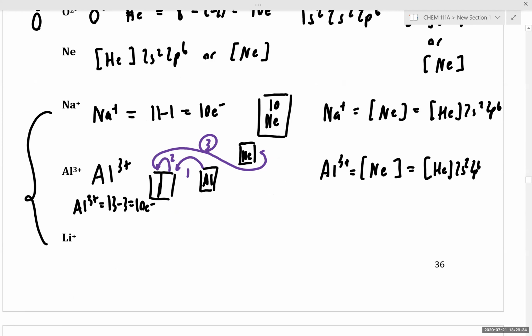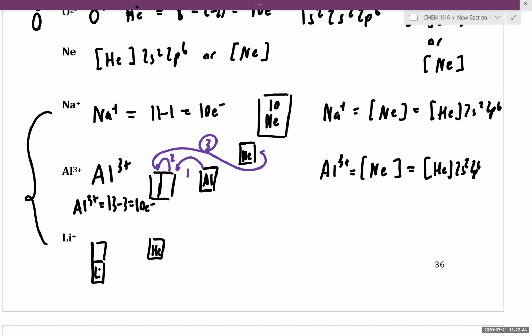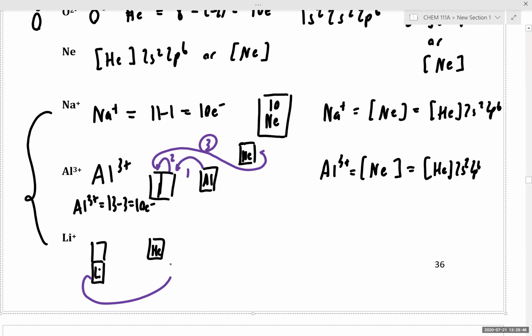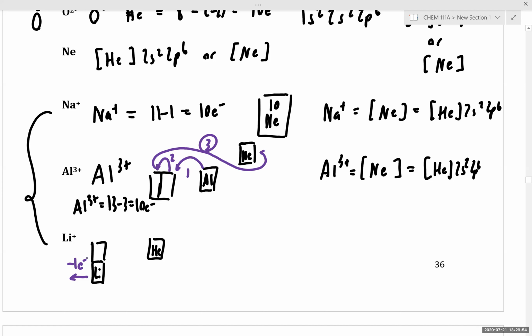Looking at our lithium plus example, we have helium followed by lithium. Since we have a +1 charge, we can go to our periodic table and just count back one space, since we've lost one electron. So the configuration for lithium plus would match that of helium.